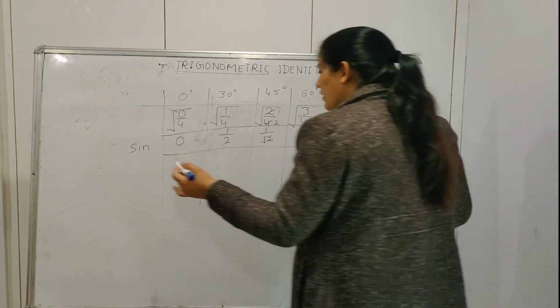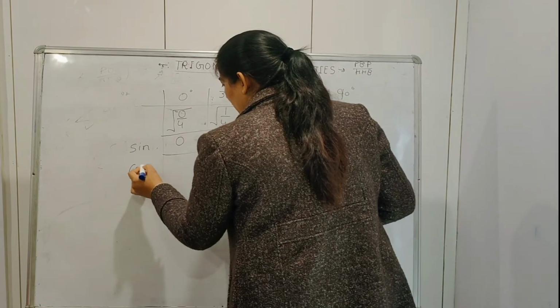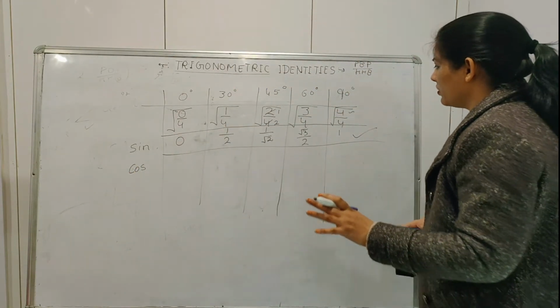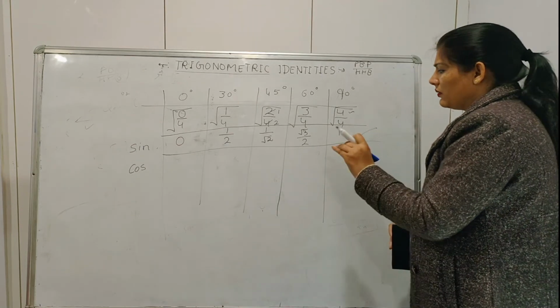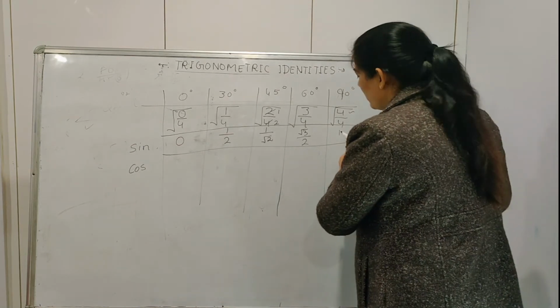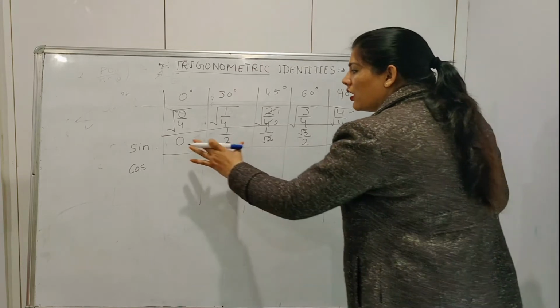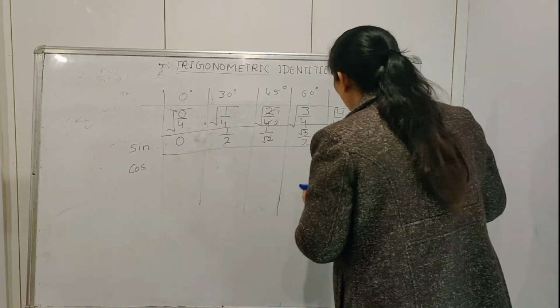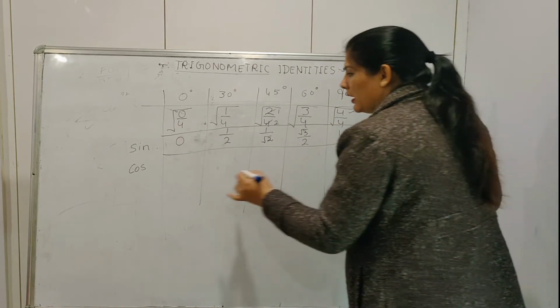Now after sine you have to learn the value of cos, and you don't have to do much here. You have to just write the whole row from right to left.